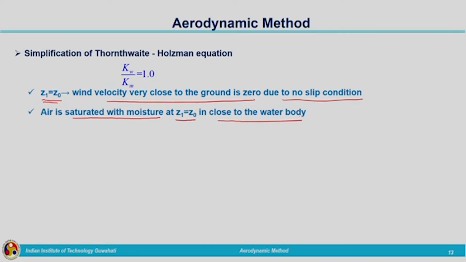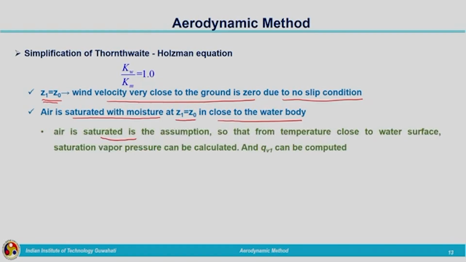All these are simplifications; we need to make a simple form of the Thornthwaite-Bolton equation. So, this assumption that the air is saturated gives us that from the temperature close to the water surface, the saturation vapor pressure can be calculated and QV1 can be calculated. Corresponding to that temperature, we can calculate the saturation vapor pressure and also the specific humidity.